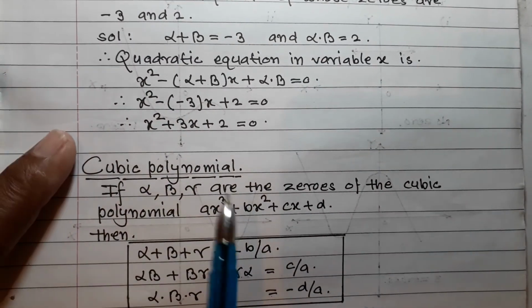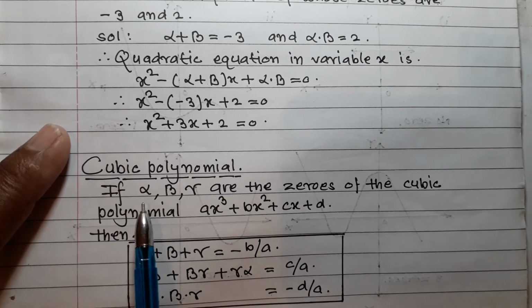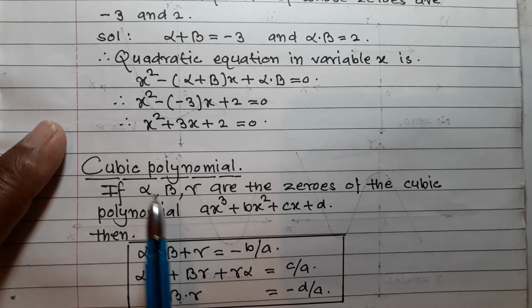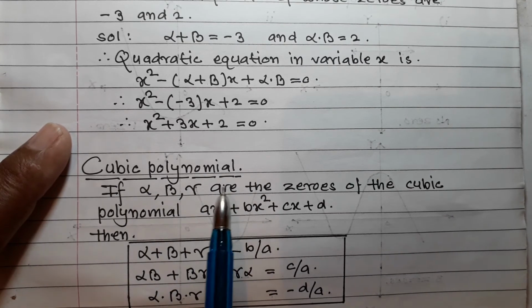Then try to understand for cubic polynomials. If alpha, beta and gamma are the zeros of a cubic polynomial, and therefore there are three zeros.